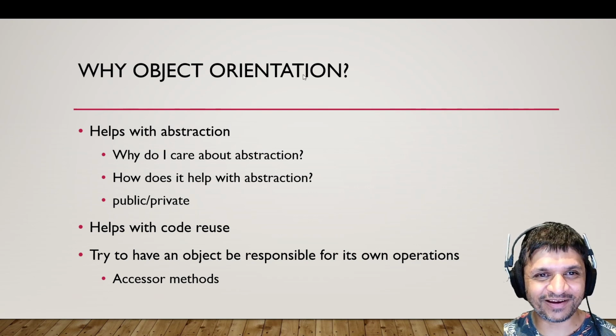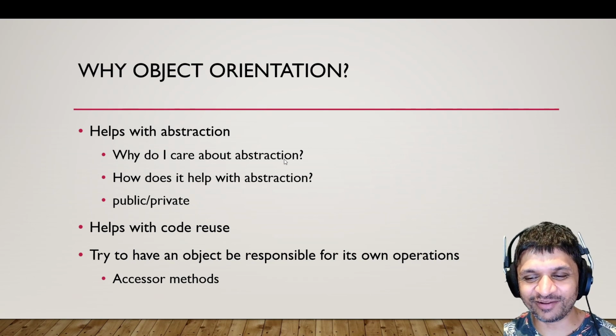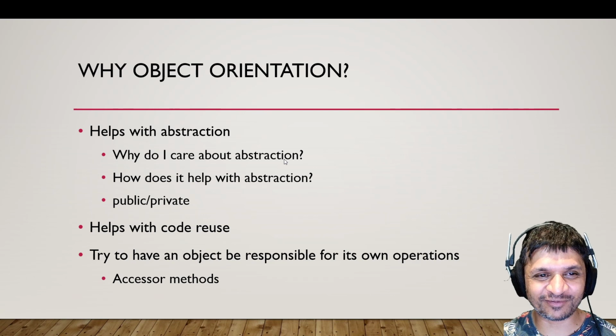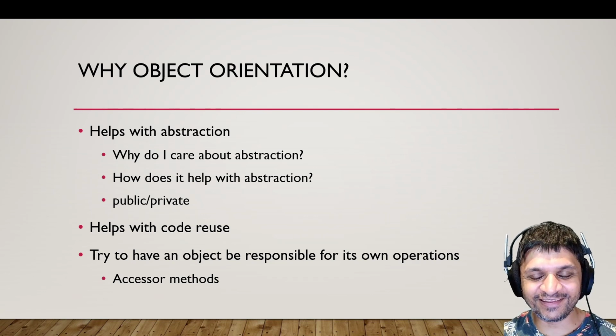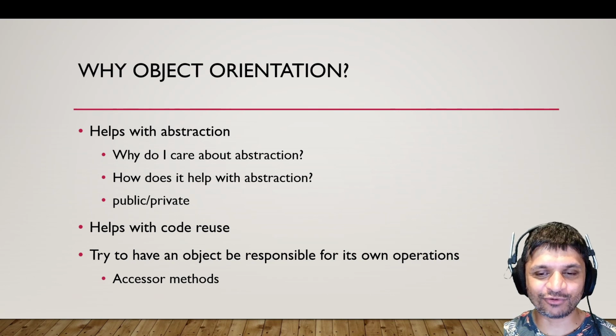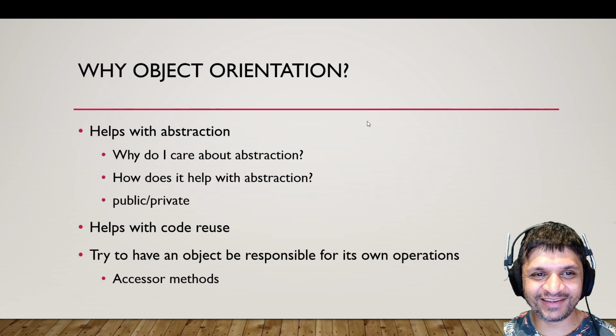This thing about why object orientation helps with abstraction, and why abstraction reminds me of my 4-year-old, because anytime I say something, he goes, why, how, why, how? And that's great, because it makes me think about all the things I don't know. He asked me, Dad, do you know everything? And I'm like, yes, of course I know everything. So he's like, how did the world get created?